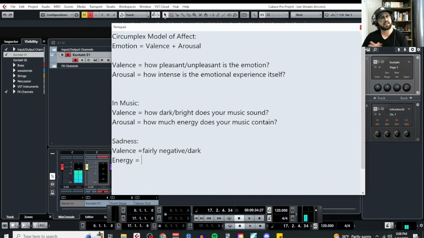And if you think about sadness and happiness, positive emotions and negative emotions, pretty much in the human experience, we associate positive emotions with high energy and negative emotions with low energy. There are, of course, exceptions, but this is kind of how our bodies reflect energy. If you're sprinting, that's high energy, you have a very fast heart rate.